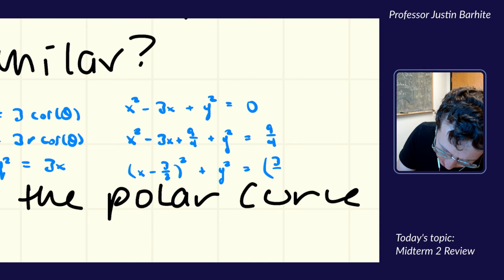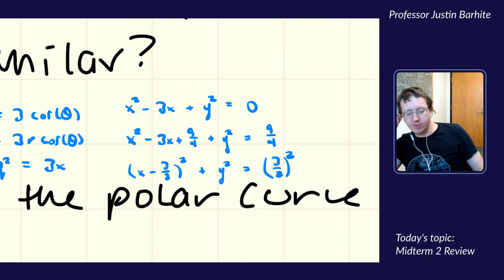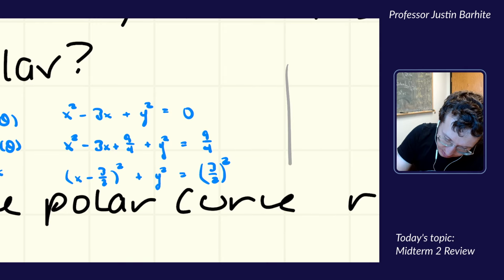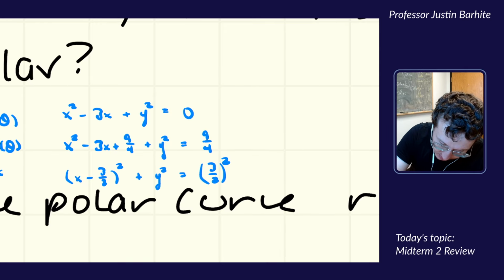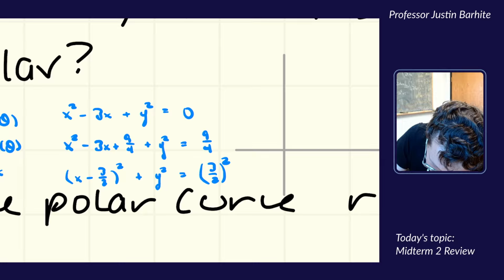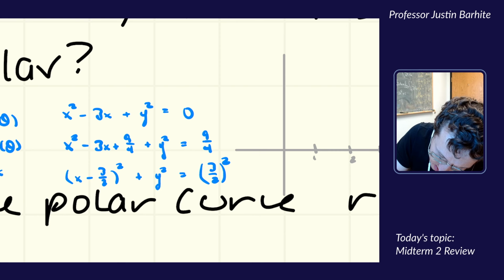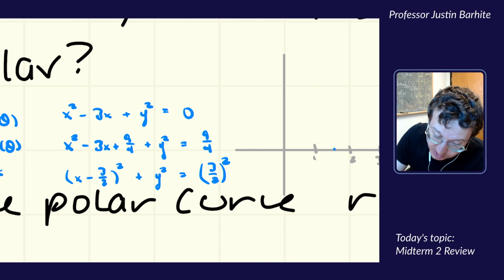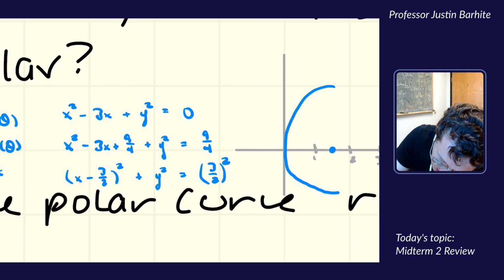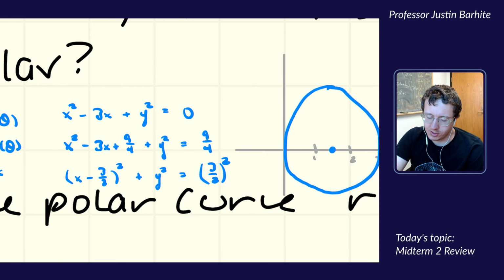And I guess I could write that 9/4 as 3/2 squared. So this is a circle centered at 3/2, 0, and it has a radius of 3/2.